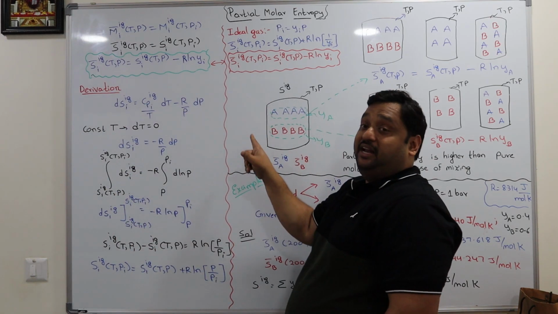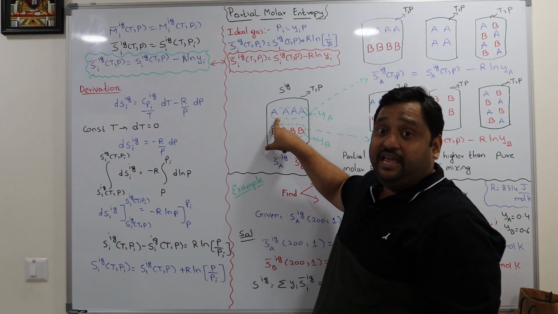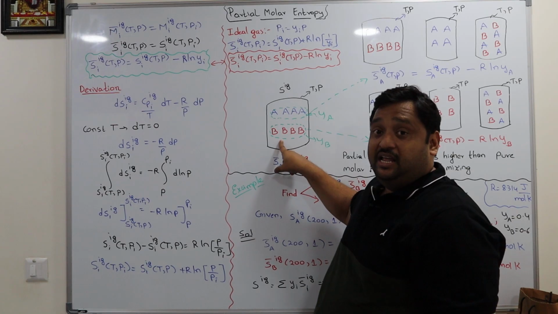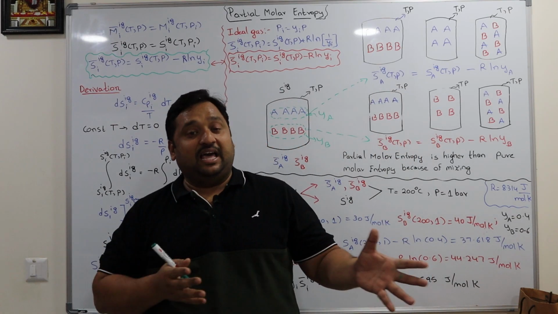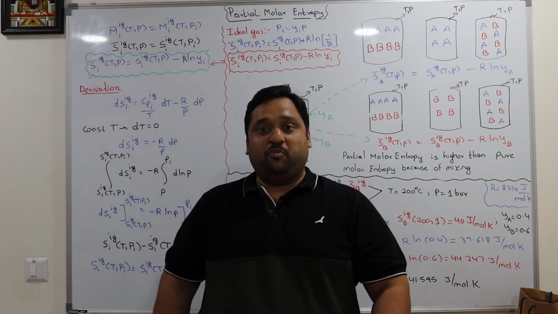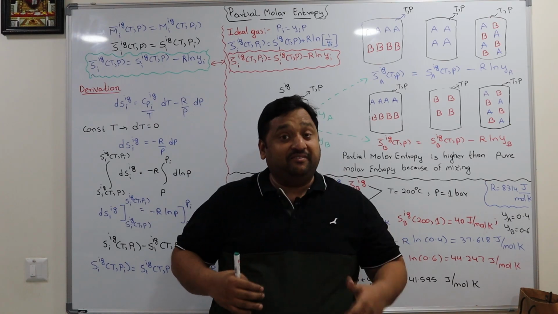For the same conditions we are going to find the partial Gibbs energy of A in this mixture and the partial Gibbs energy of B in the mixture, provided we know the enthalpy and entropy values of the pure components. I hope you understand now. Let us meet in the new lecture.